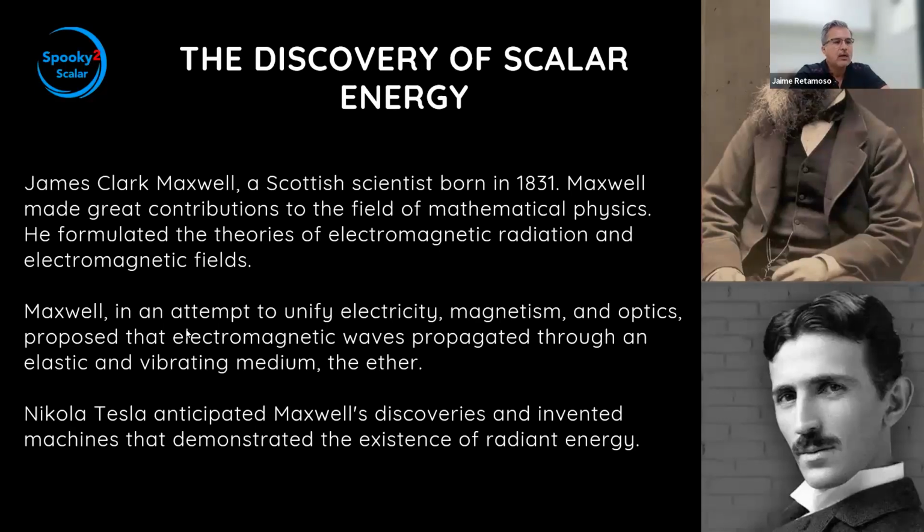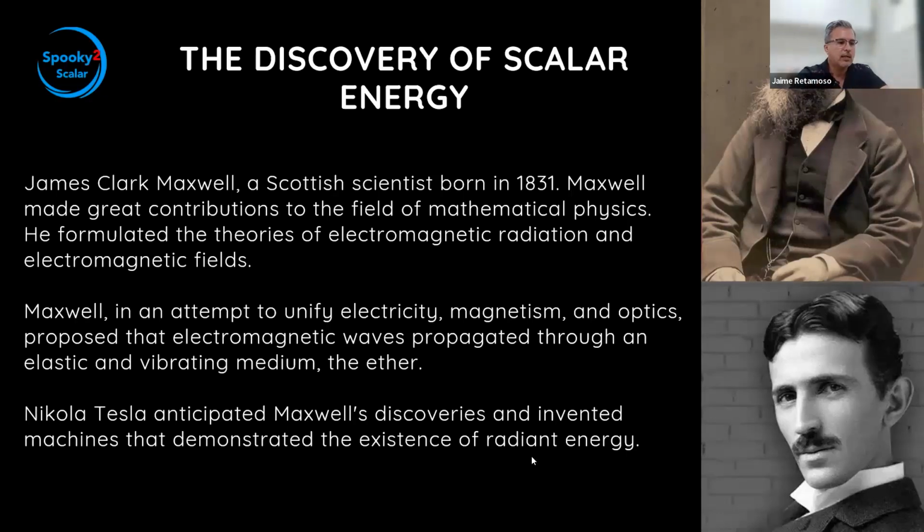So Nikola Tesla continued the discovery of Maxwell and invented machines that demonstrated the system of radiant energy. He didn't call it scalar energy. The only reason we call it scalar energy is because it can escalate. It can be magnetism, electromagnetic, electricity; different types of energies can escalate from this basic energy.